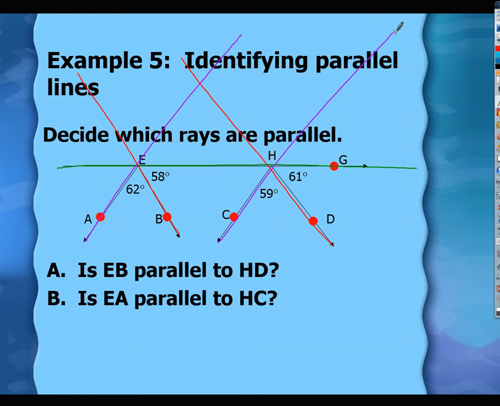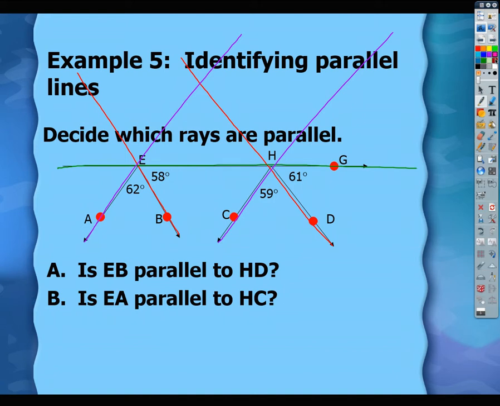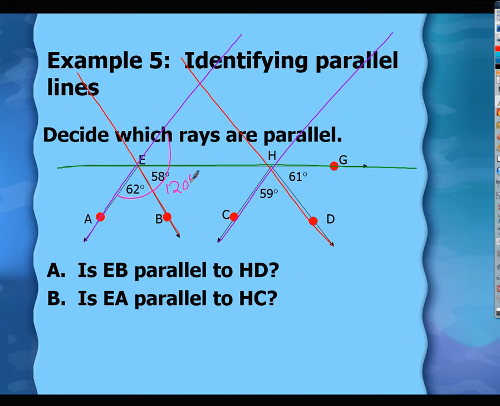Okay, so if we add these up, 62 and 58 adds up to what? 120. So this whole measure right here, if we add up this whole thing, is 120 degrees. What's 59 and 61? 120. Well, aren't the pink angles corresponding angles? If I slide this purple line over this way, this big angle, whoops, that went too far, didn't I?